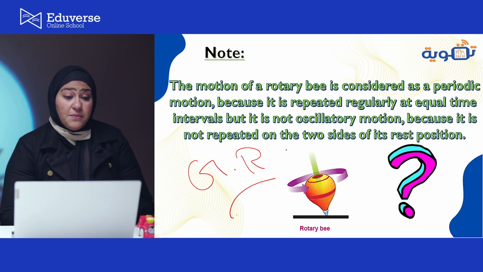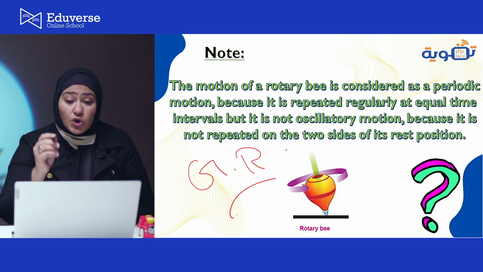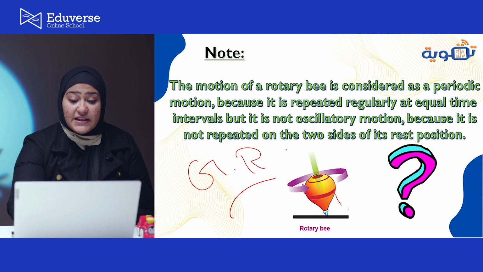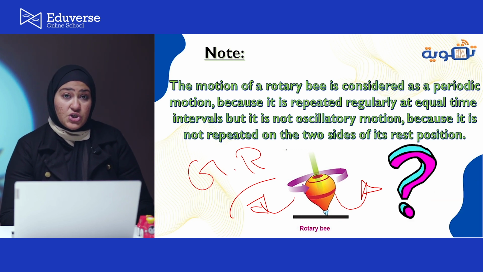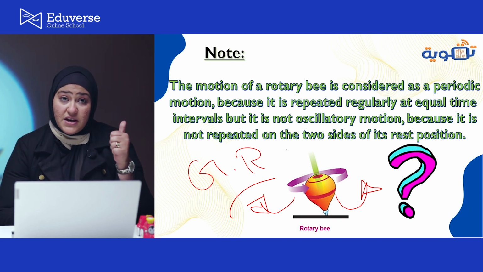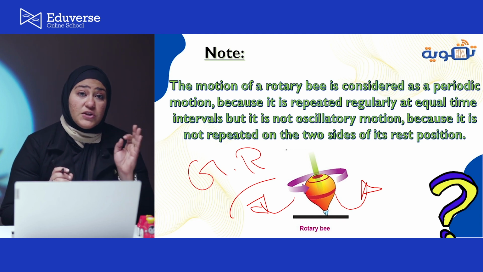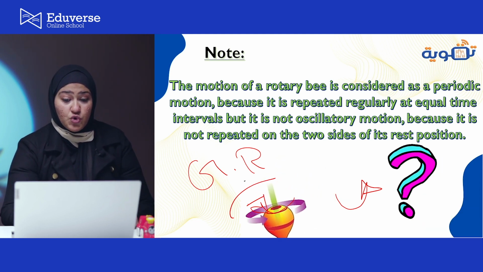Why? Because it's not repeated on two sides, like we said, right side and left side, around its rest position. So we can say that the rotary peg is a periodic motion, but not an oscillatory motion.